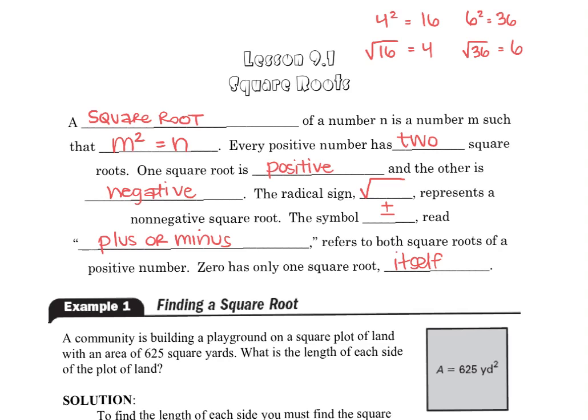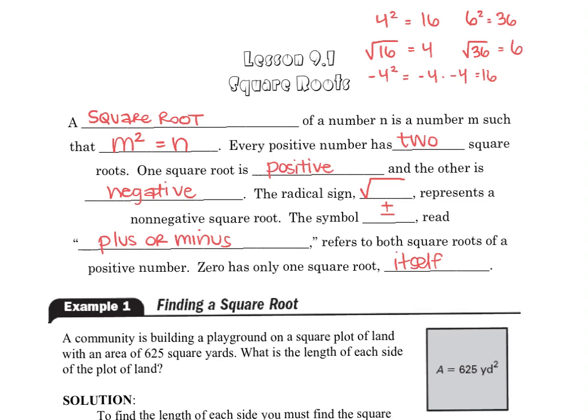Now, when it's talking about this idea of how a square root has a positive and a negative, here's what we mean. What is negative 4 squared? Well, we know that a negative times a negative is a positive. So negative 4 squared would be negative 4 times negative 4, which is also positive 16.